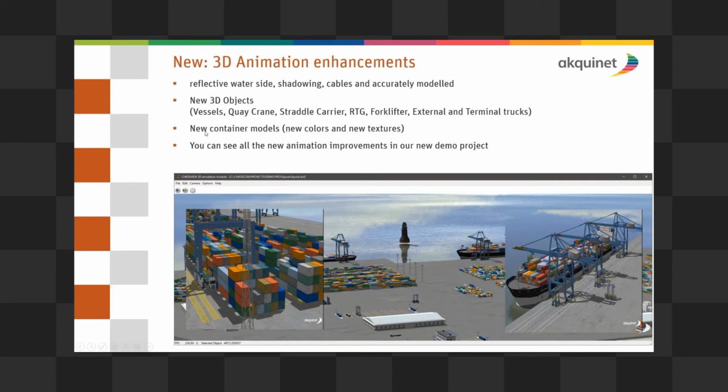I will show you this. We also have new containers with new textures, so this looks really realistic. And all this in a real-time environment, it's not a film or whatever. We can load 100,000 containers. You can click on the containers, and I will show you this in a few minutes.